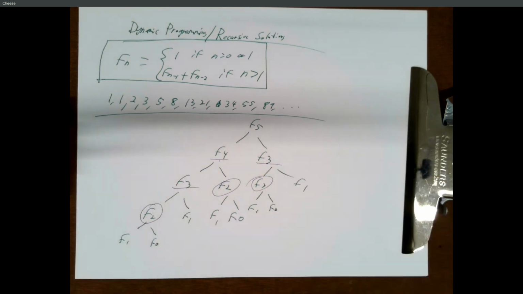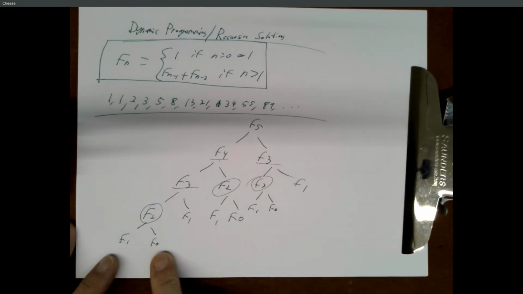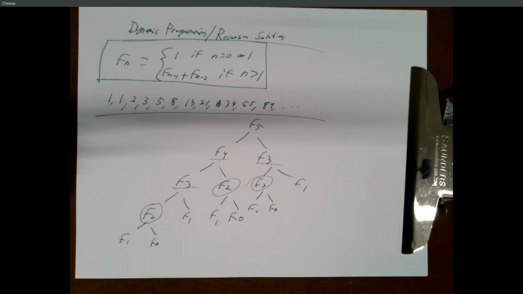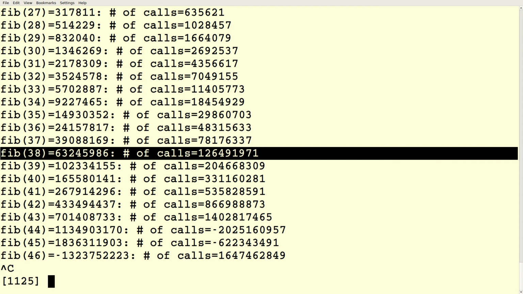And if we're trying to calculate F7, it's going to do all of that work again. So we're repeatedly calculating the same values of Fibonacci numbers, and that's what's taking so long. We're making all of these calls to the Fibonacci function, but really to calculate Fib 38, we only need Fib 37 and 36. And to calculate 37, we only need 36 and 35. In fact, if we had the value of all the Fibonacci numbers from 0 through 37, it would take 2 calculations to calculate Fib of 38.